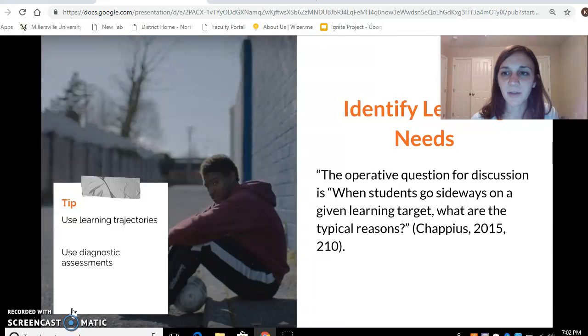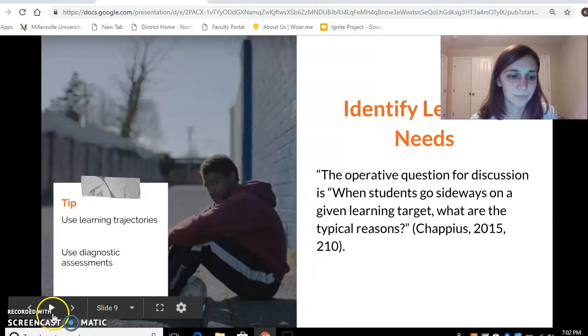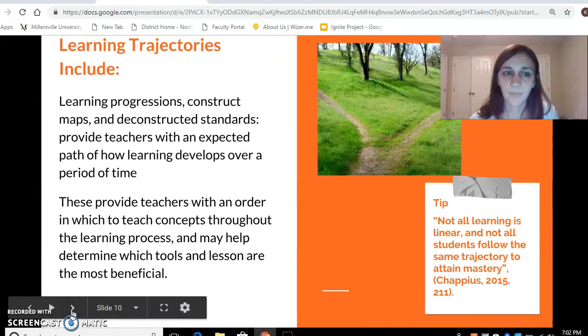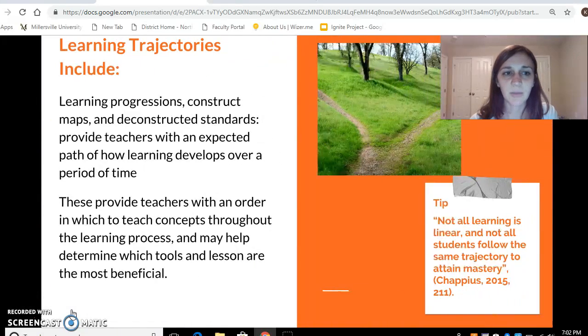To identify learning needs, we can do a bunch of different things, but two of those are to use learning trajectories and to use diagnostic assessments. Learning trajectories can be learning progressions, construct maps, deconstructed standards where they're broken down into a couple different areas of learning just for one standard.